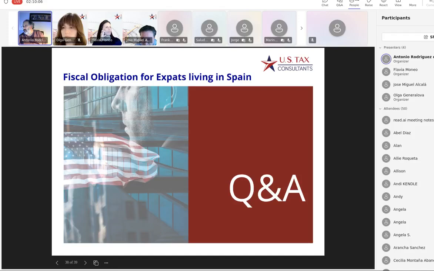Okay, well, if you don't have any assets outside Spain, then you don't have to do the 720. The 720 is to report the assets abroad, outside of Spain. And then if you are a US citizen, you have to do the 1040 every year and also the FinCEN, if you are over the threshold.